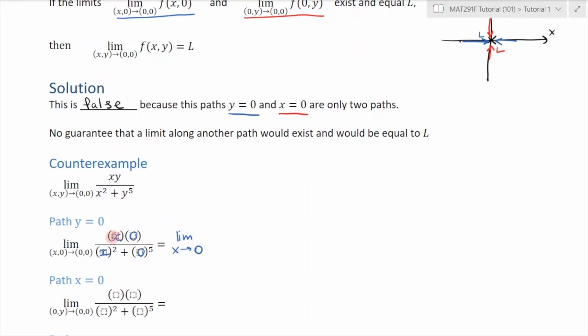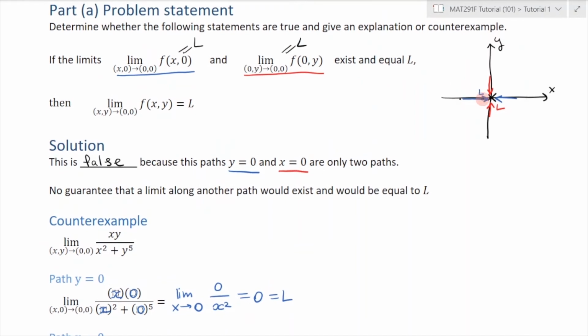Well, on the top, we have some number close to 0 times identically 0. On the bottom, we have identically 0 plus a small number. So let's rewrite this. This is basically identically 0 over x squared. And this limit is going to be 0. So this is this L that's in the question. Okay, so this is the limit along this path.